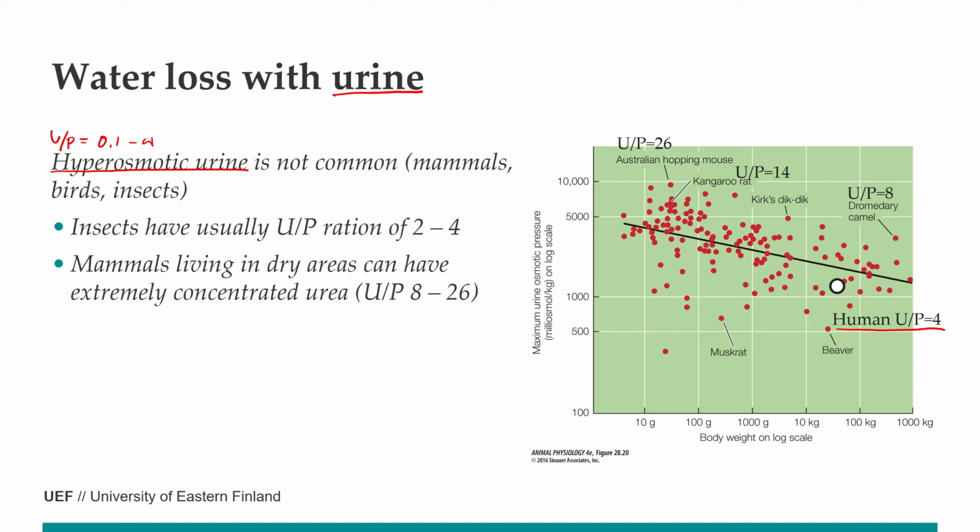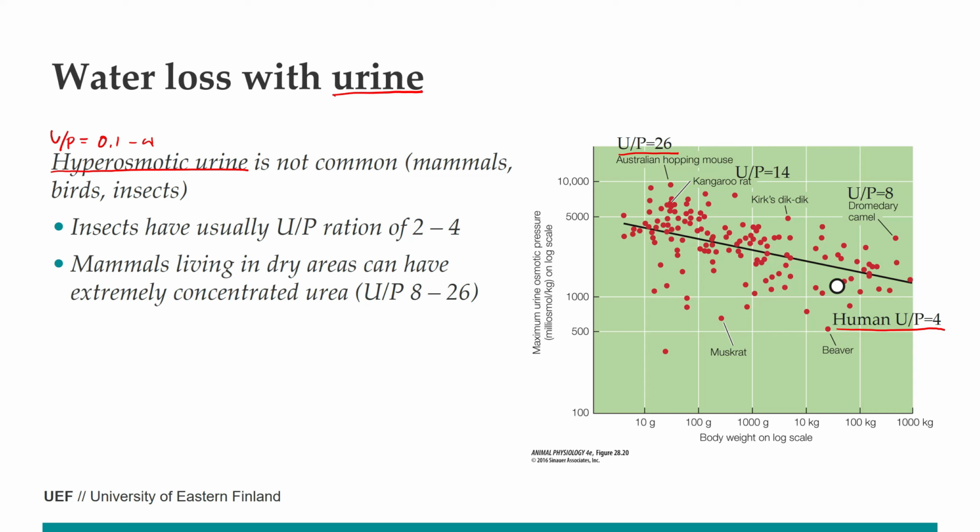But then in these hot environments, we have the camels that might have 8. Then we have the kangaroo rat, and then Australian hopping mice. That's the extreme. So now this urine is very concentrated with substances other than water.